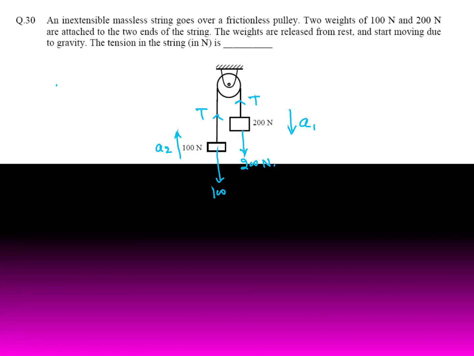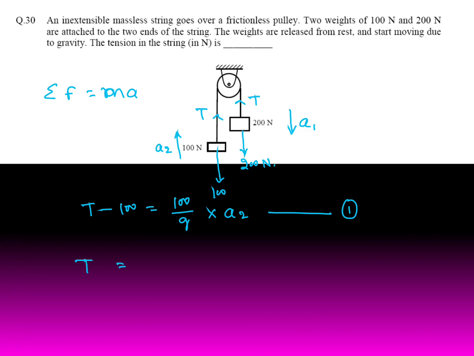Then Newton's law will apply here: F equal to mass into acceleration. For the 100 Newton body, force along the direction of motion is positive. So T minus 100 is equal to W by g into acceleration, W is 100, so 100 by g into A2. This is equation 1, so T equals 100 by g into A2 plus 100.